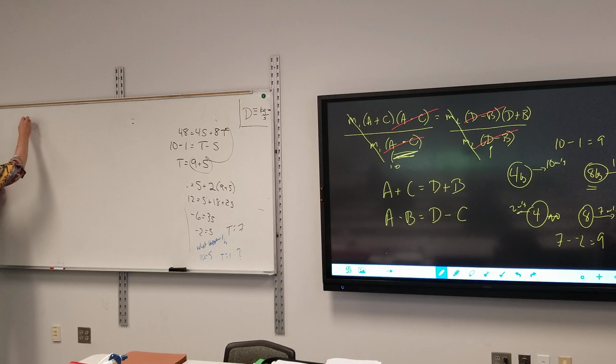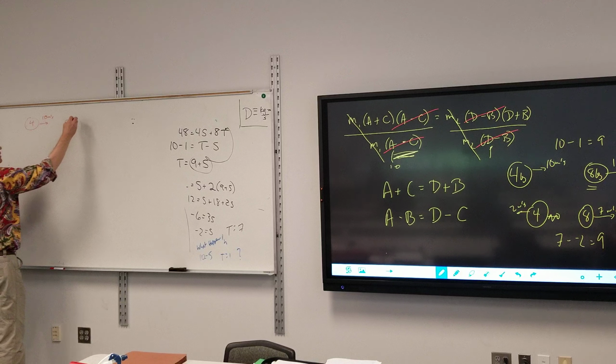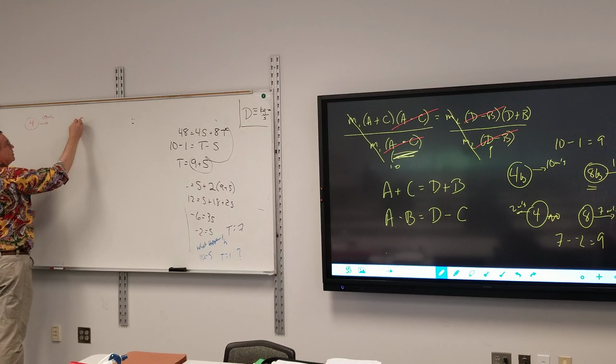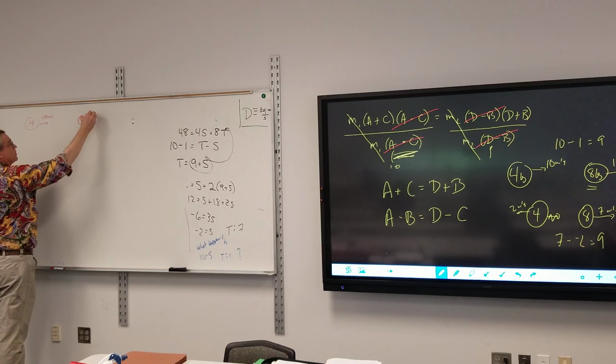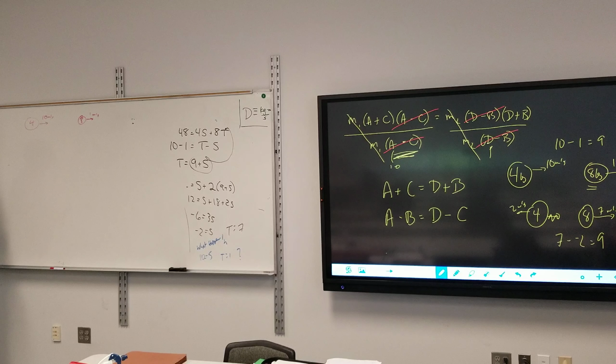I got a 4 kilogram mass right here, cruising along at 10 meters per second. And I've got the 8 kilogram mass cruising along at 1 meter per second. My momentum is 40.